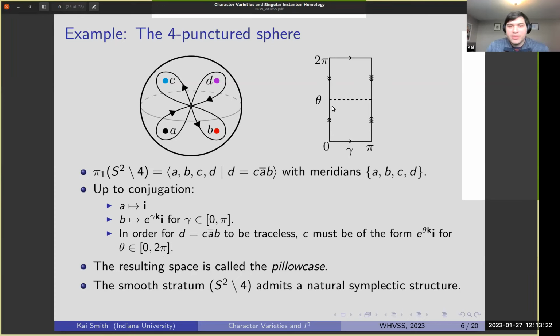So far I've described this rectangle's worth of space that parameterizes our representations. Gamma determines where B gets sent, theta determines where C gets sent. First of all, it's easy to see we can identify the top and bottom edge. It's a circle, so 0 is the same as 2 pi. What's a little more interesting are the identifications along the left and the right edge. Those come from the fact that along these edges, B is sent to plus or minus i.